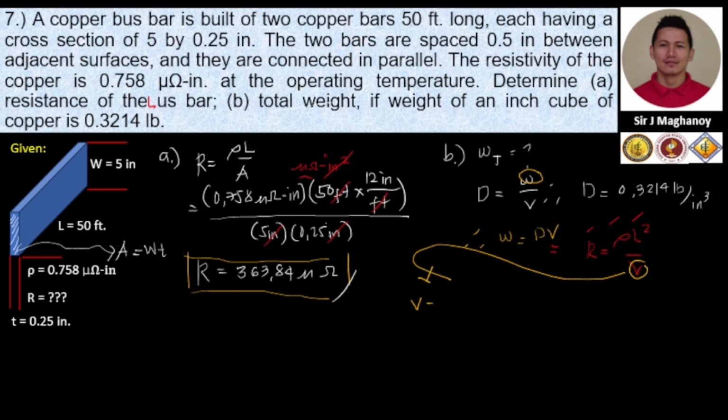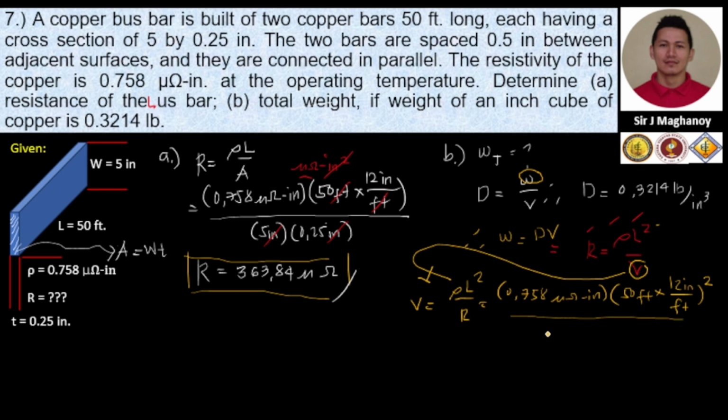So, volume is resistivity times square of length all over the resistance. So, do we have the resistivity? Yes, it's already given, 0.758 micro-ohm inch. Our length is 50 feet. Our unit is in inches, so we need to do conversion, the same conversion, that is 12 inch. Oops, the unit is squared, our length squared all over the resistance.